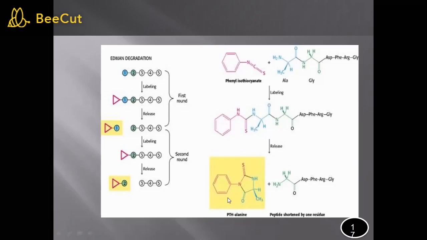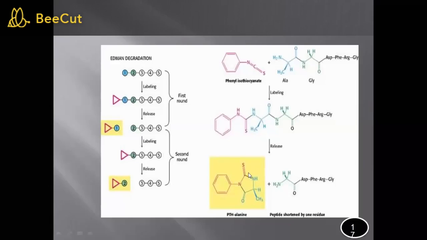So here you can see this product, the PTH derivative of the first amino acid which was located at the N terminal end, and this we have to identify by using HPLC. We compare the peaks of this PTH amino acid derivative with the standard amino acid peaks, and from this we can get to know which amino acid was present at that terminal end of the protein. And here we get the peptide which is shortened by one amino acid residue.